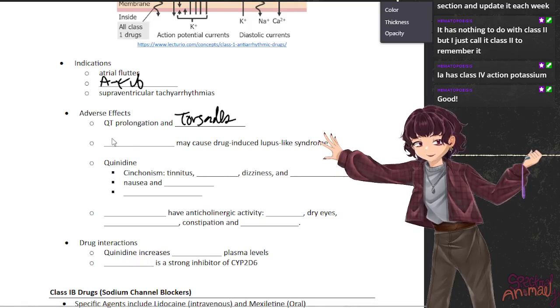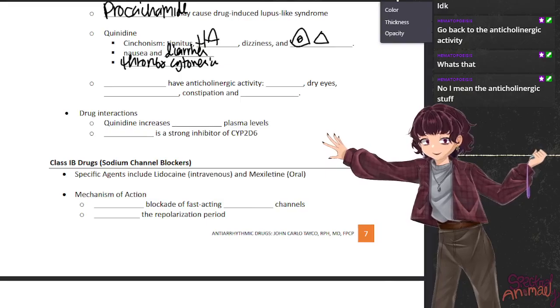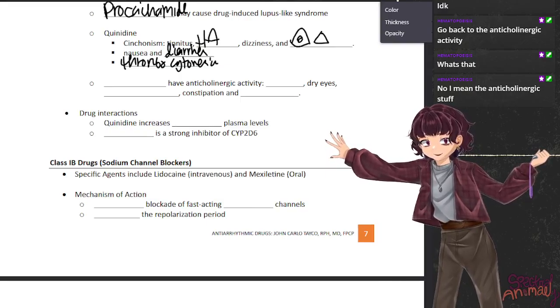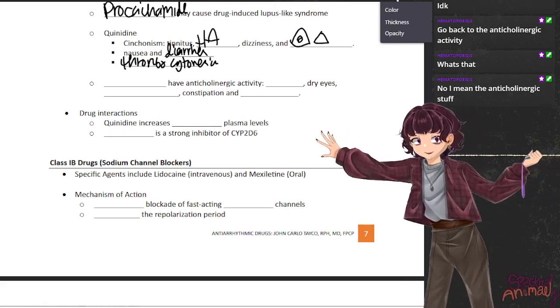Procainamide will cause a lupus-like syndrome. Disopyramide has anticholinergic activity, so you got dry mouth, dry eyes. You're dry as a bone.